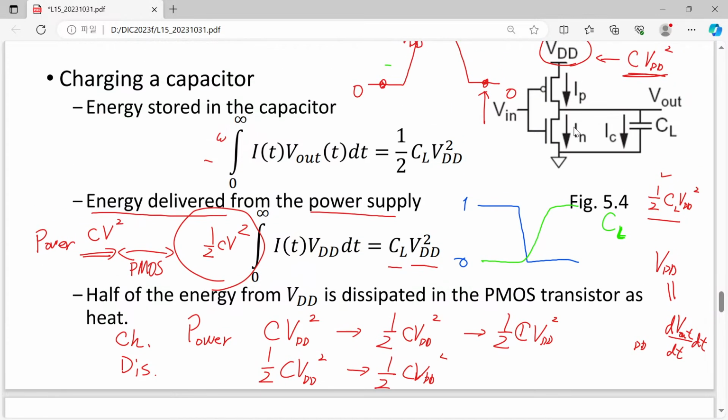So simply speaking, this switching is just a procedure to waste energy. If you turn it on and turn it off, or charge the capacitor and discharge the capacitor, what is left? If you just measure the initial state and final state, then actually we have nothing, no charge inside it.